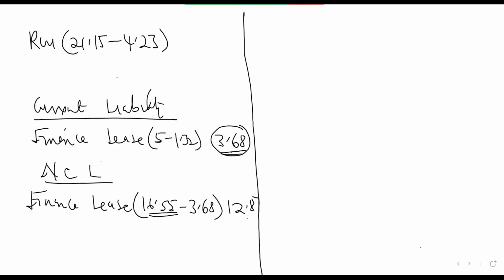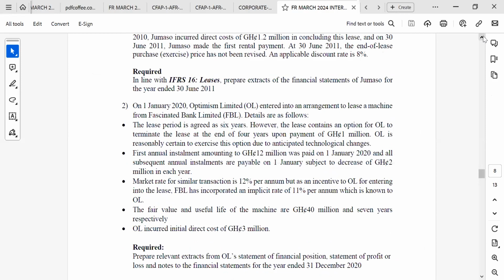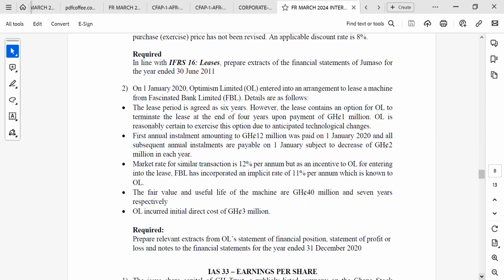Yes, please. Okay. Let's now, I will explain footnote 2. The lease period is agreed as what? 6 years. However, the lease contains an option for OL to terminate the lease at the end of 4 years upon payment of 1 million.